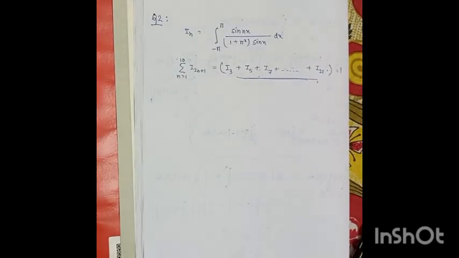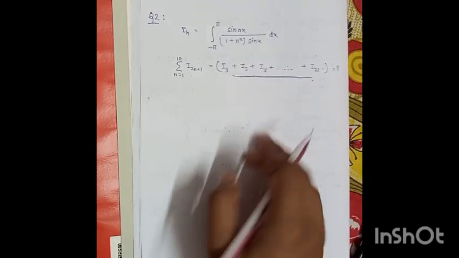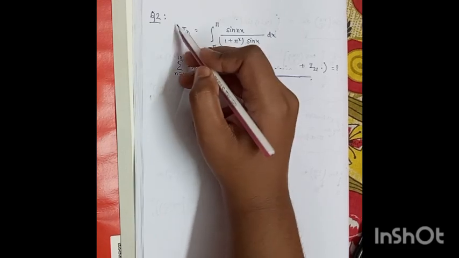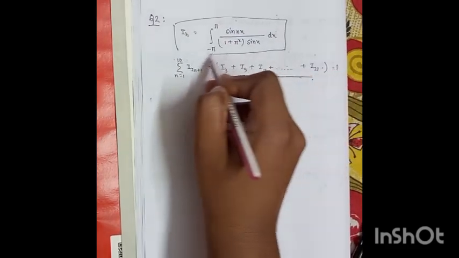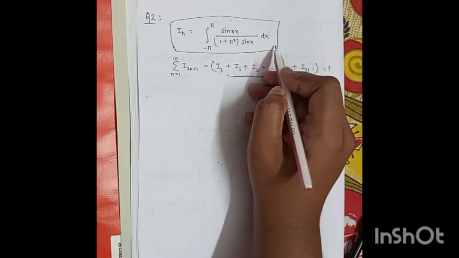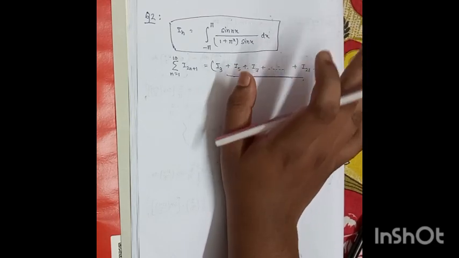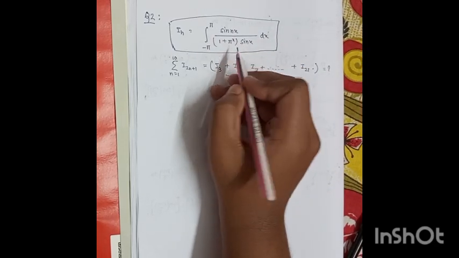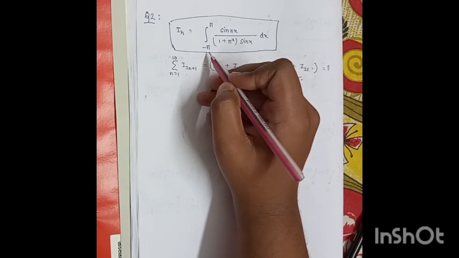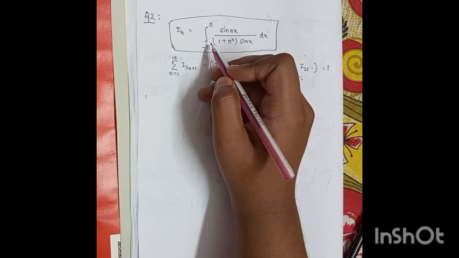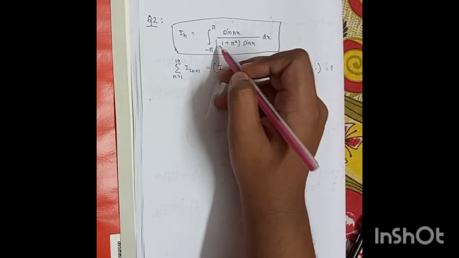Now as we can see, this particular format of In is very much a favorite from the perspective of JEE. They love these expressions because, as you can see here, the limit is from minus a to a, where a is pi.